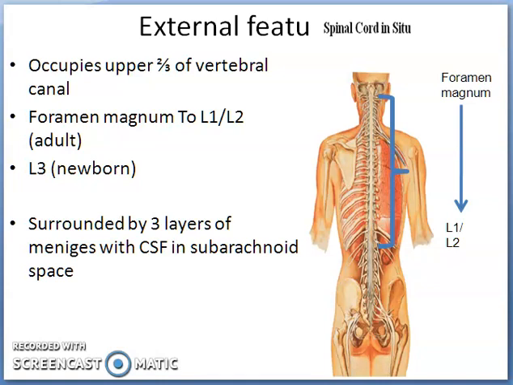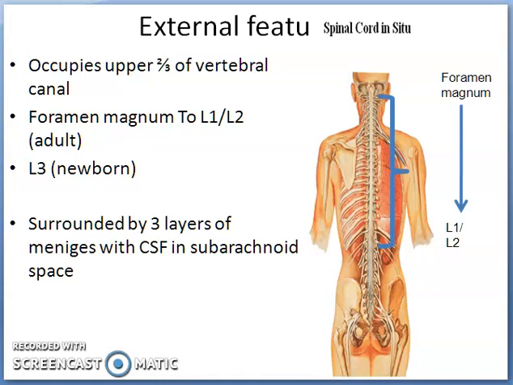It extends from the foramen magnum or the upper border of atlas vertebra, which is the first cervical vertebra, to the lower border of first lumbar vertebra or the upper border of the second lumbar vertebra in adults, and in newborn the lower end may extend up to the L3 vertebra.